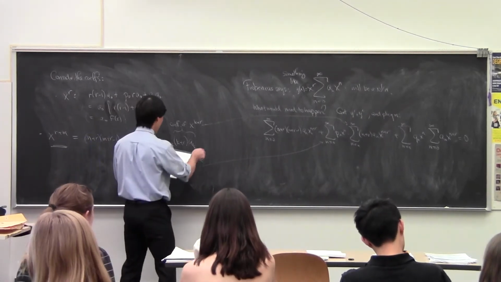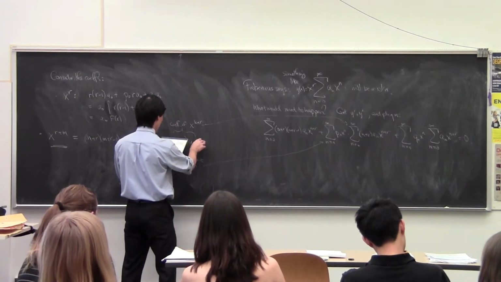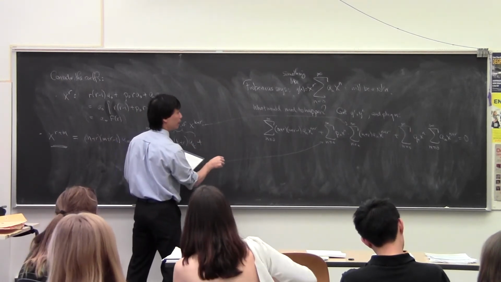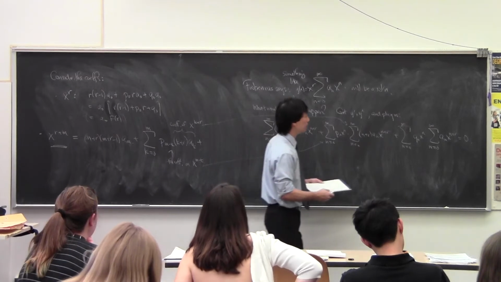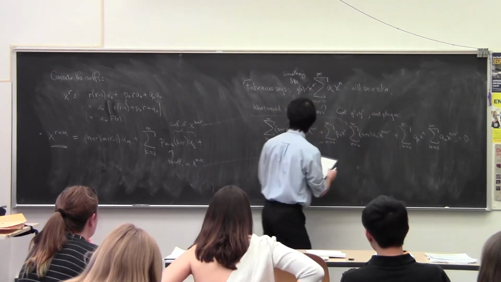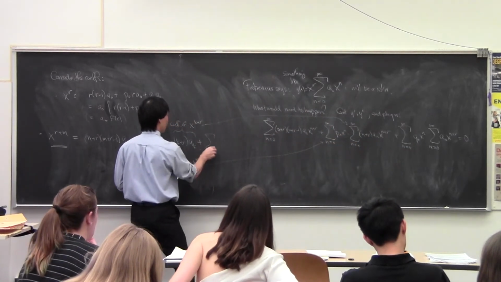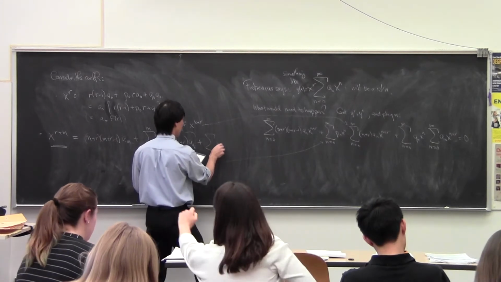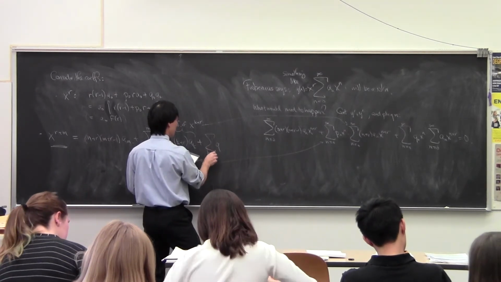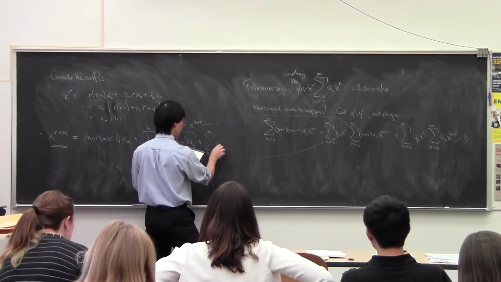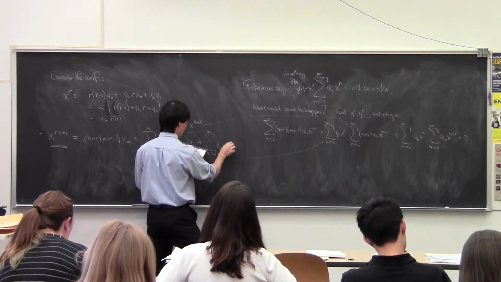Okay, and then similarly for the last thing, you do something similar. You get summation k from 0 to m again, q sub m minus k a sub k.